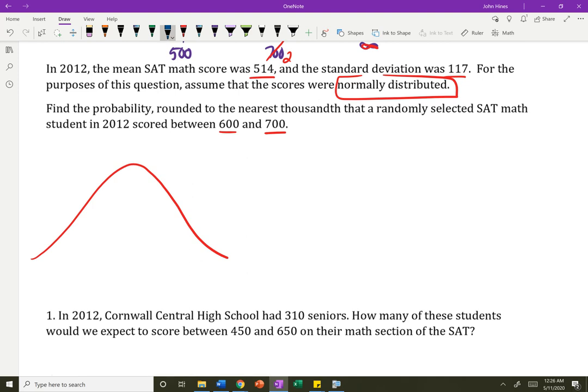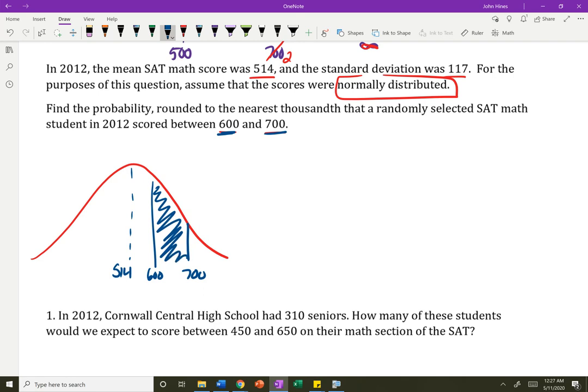So the first thing we need to do is draw a picture. What goes in the center of this distribution? The mean. I want to find the probability that their score is between 600 and 700. So here's 600 and here's 700. I want to know the probability I'm in between them.